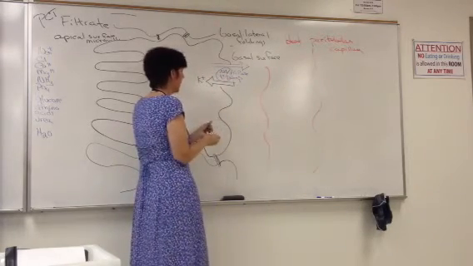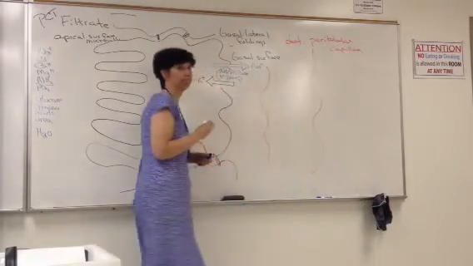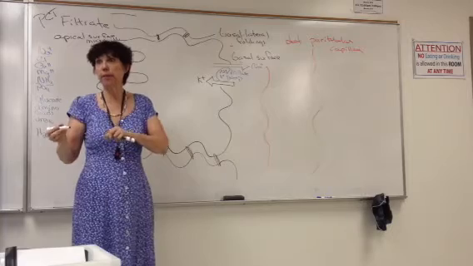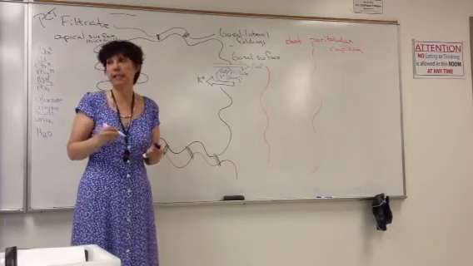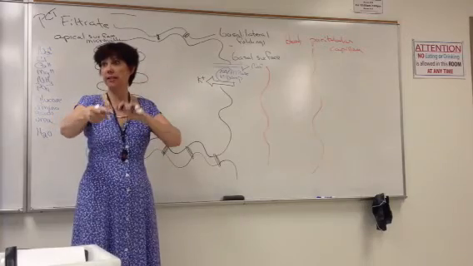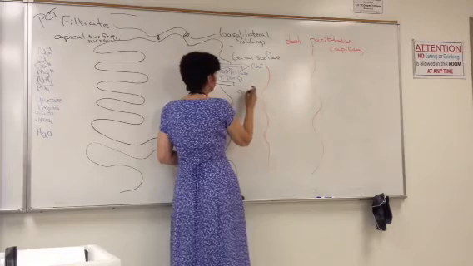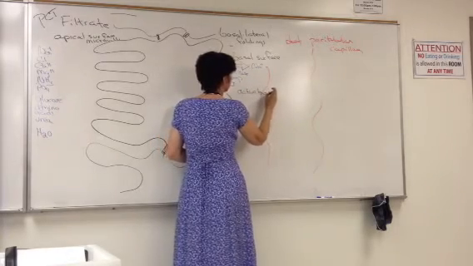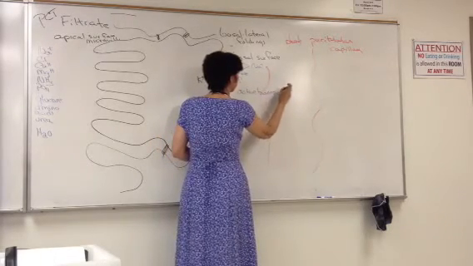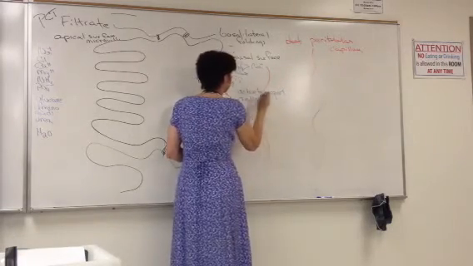And so we know it's active transport. Is the pump an antiport or a symport? It's an antiport because they're going in opposite directions. Okay? So this is active transport via an antiport.